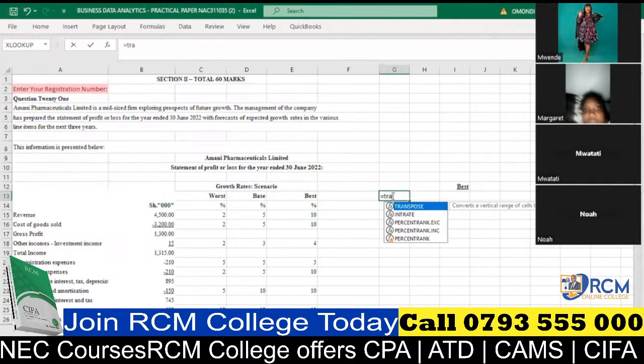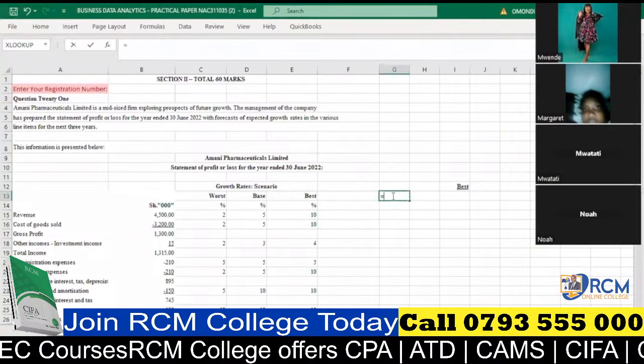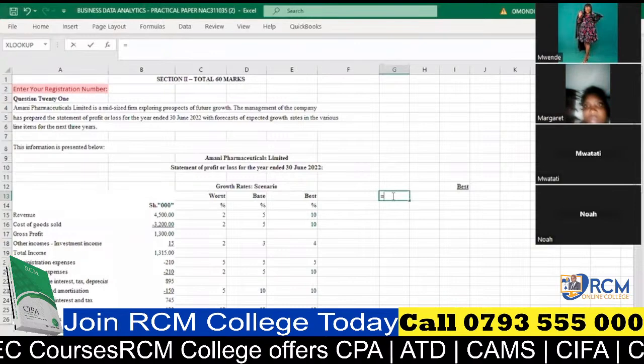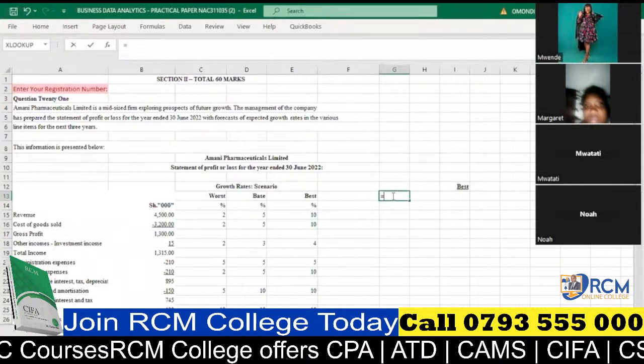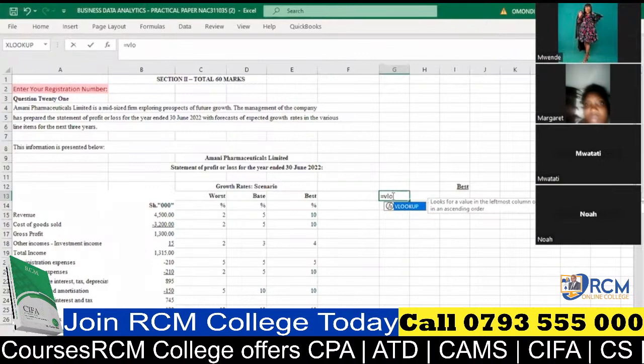Let's get to choice C, where we are being given VLOOKUP. Just come to your cell and type equal VLOOKUP. What does it say?